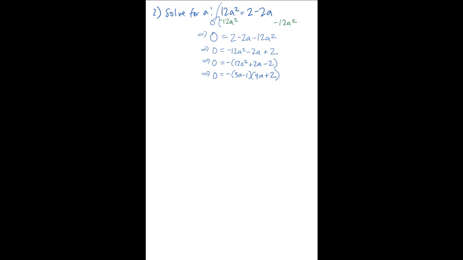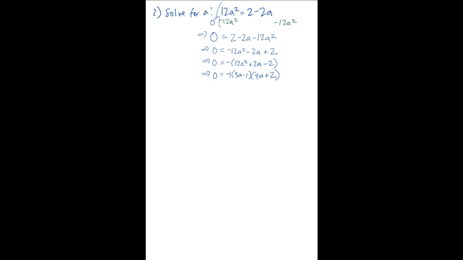Now I know I can finally use this zero factor technique. If I multiply two things together and get 0, even if there's a negative sign out front, I know that one of them has to be 0. The negative sign is sort of irrelevant. 0 is neither positive nor negative, so multiplying 0 times a negative 1 makes no difference. I could, in a sense, divide both sides by negative 1.